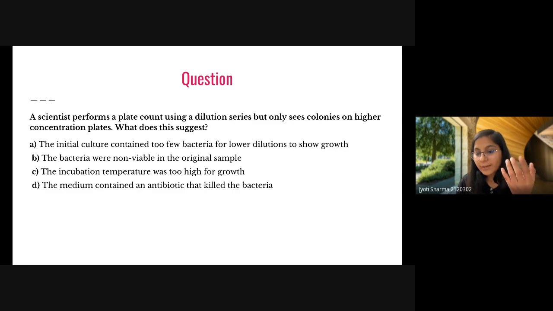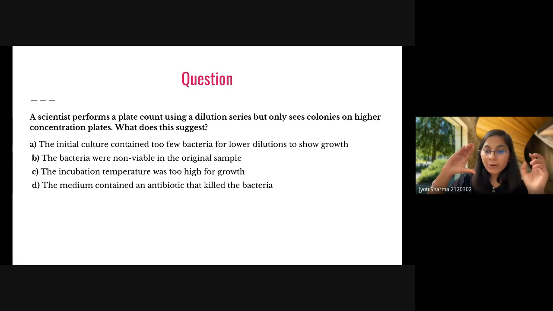Okay, so let's say in the first test tube we had just 50 bacteria, and then out of this 10 ml of the bacterial culture, we are taking just 5 ml of this, and we are filling it with the 9 ml other solution. So we have just 1 ml that had the bacteria. So this 1 ml may have, let's say, 25 bacteria.